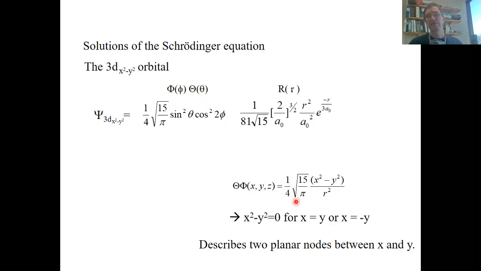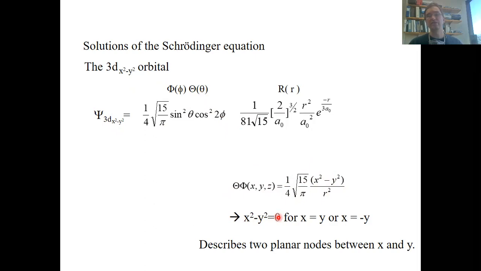It is a quarter times the square root of 15 over pi times x squared minus y squared over r squared. So now we have nodes when this function becomes 0. So this function becomes 0 when x squared minus y squared is equal to 0.